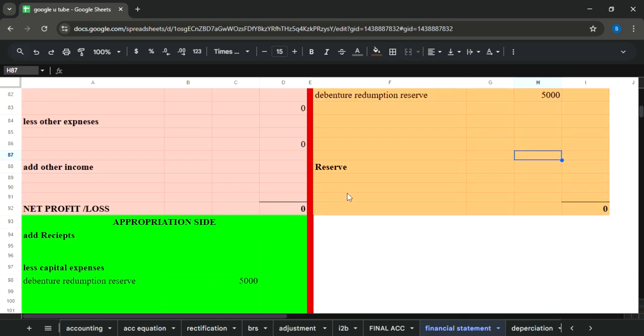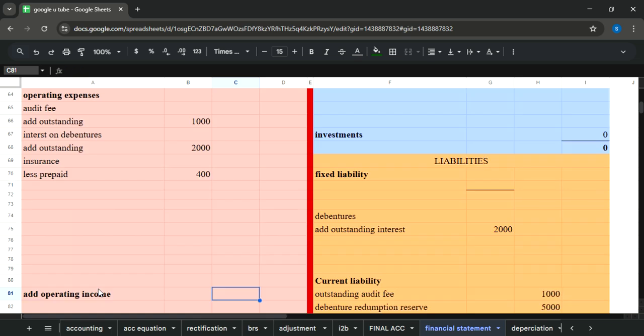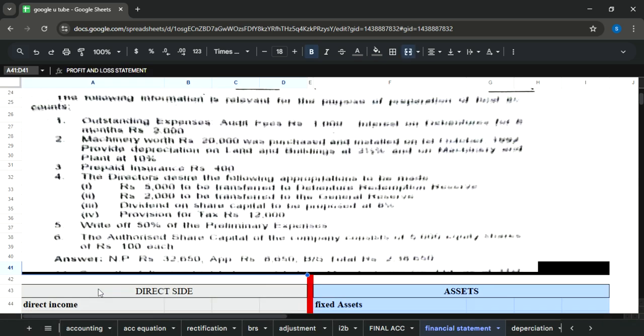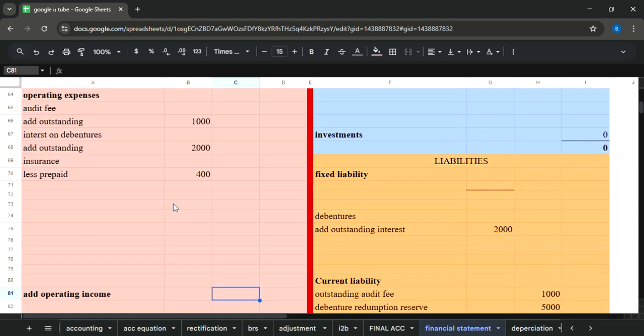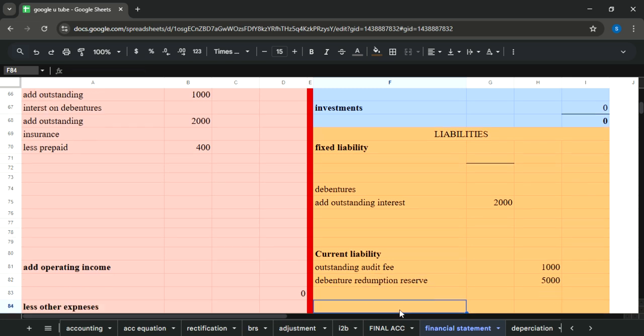So here we will write transfer to general reserve, and I think the amount was 2,000, and let's see, yes, it's 2,000. So the first effect is completed. For the second effect we will be going to the current liability side.